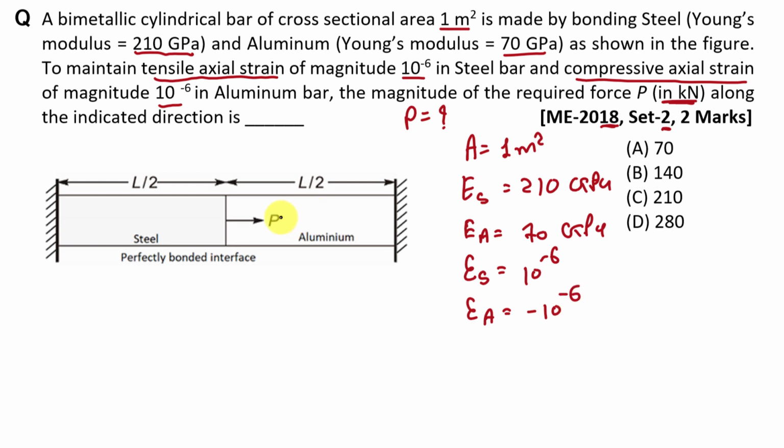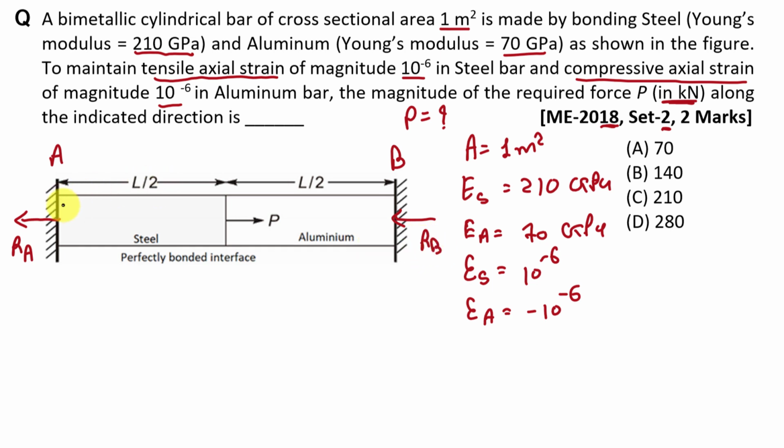Fine. Now here we know that if we apply load in this direction, then there will be reactions on both ends. Let's say this end is end A and this end is end B. So here we will take reactions in opposite direction like this. Let's say this reaction is RA and this reaction is RB.